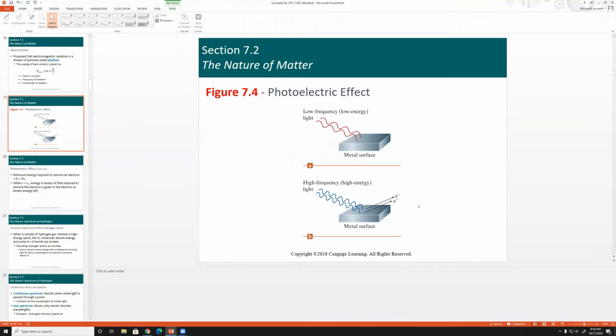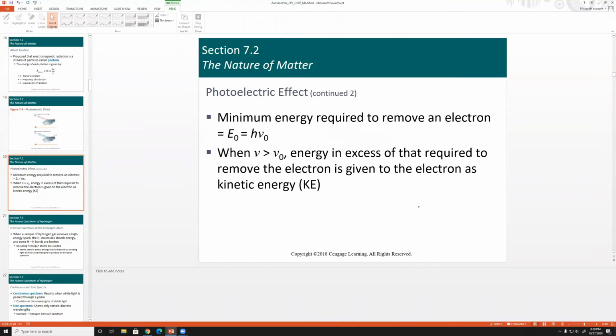So the idea is, and we can put it in math terms, that there is a minimum energy, dependent on the type of metal, that is required to remove the electrons from that metal by any kind of energy source. It doesn't have to be EM radiation, but the photoelectric effect specifically talks about EM radiation in terms of high frequency radiation or low, but it can be any type of energy.